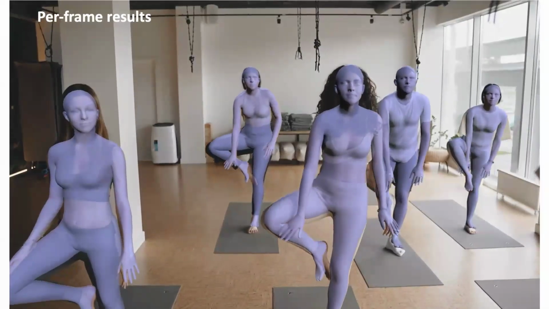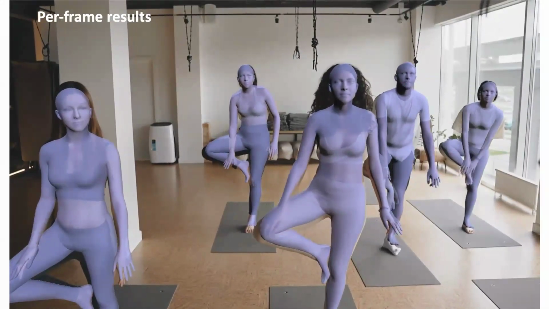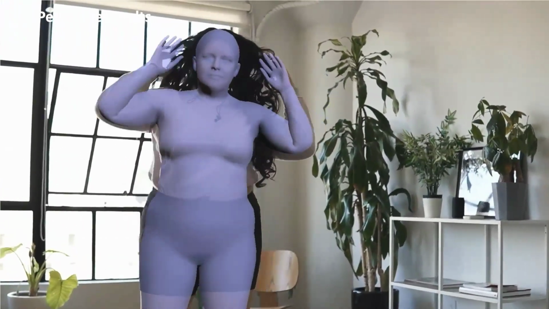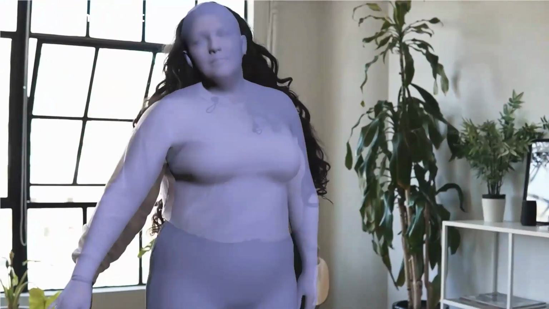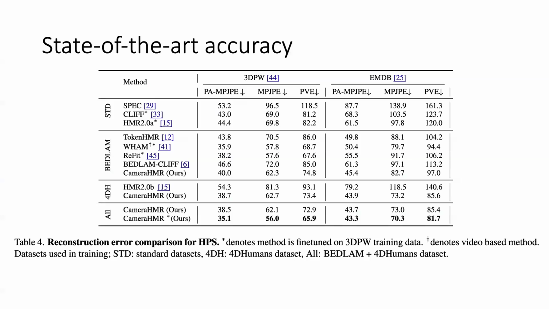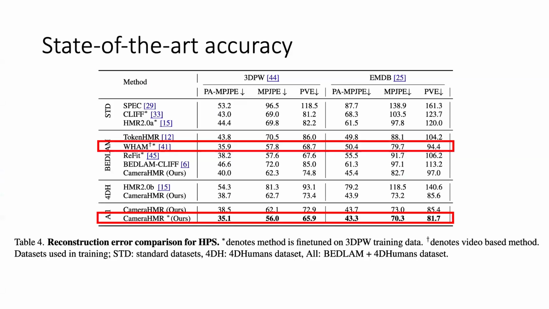Running that as a single frame, it's just a single-frame method. The results are pretty robust. We get reasonably good estimates of body shape fully automatically, and it can deal with fairly complex poses. If you look at this, it's actually state of the art in terms of accuracy among all single-frame methods.